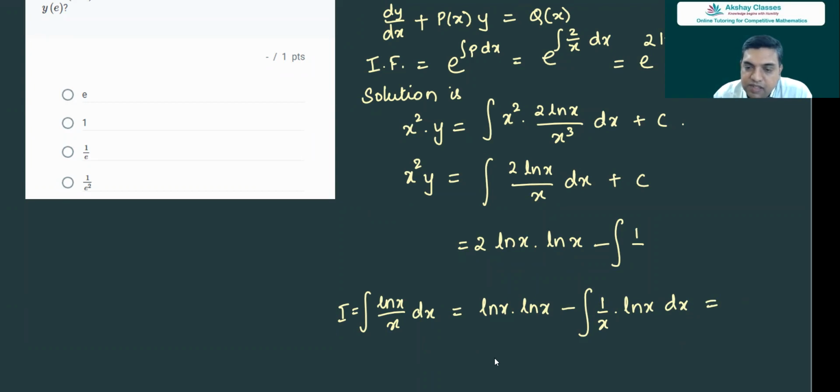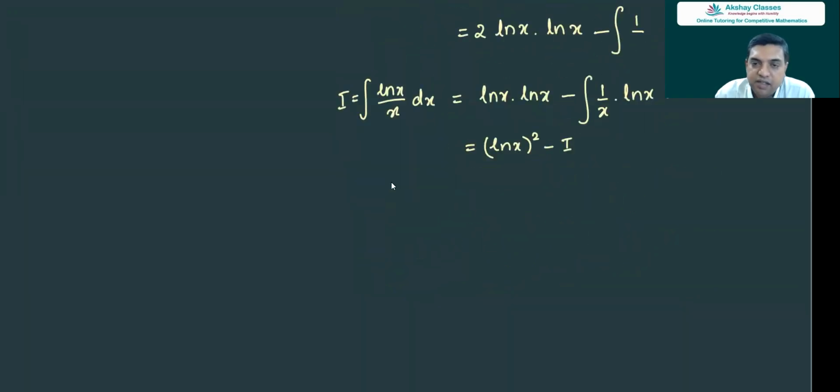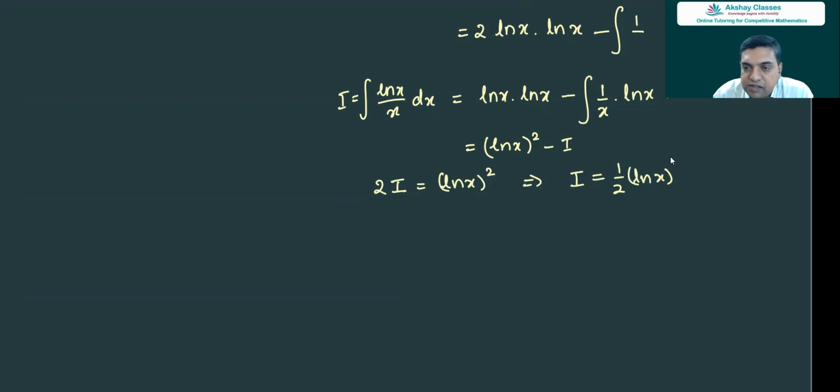So this is log x whole square minus I. So 2I will be log x the whole square, which means the integral is half log x square.